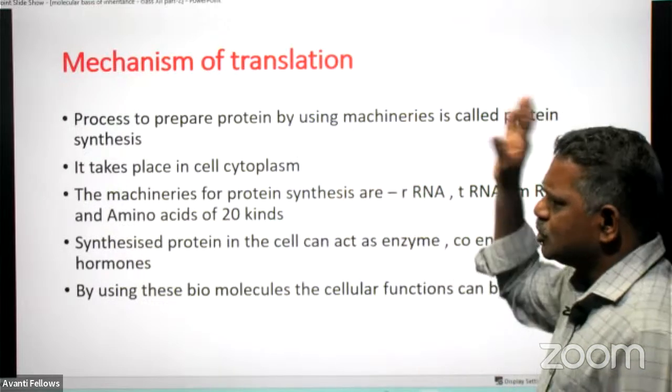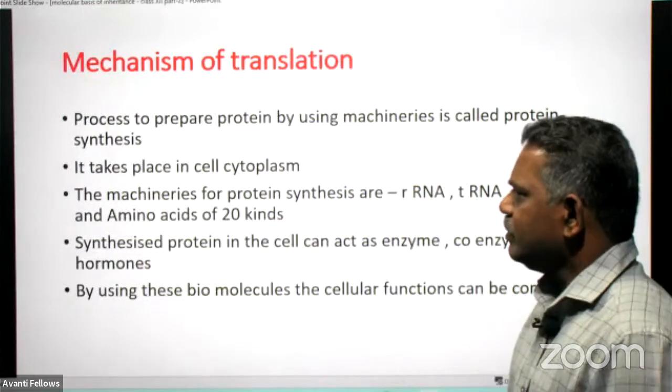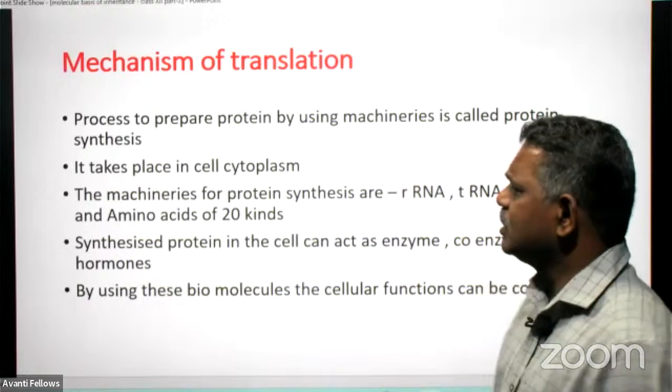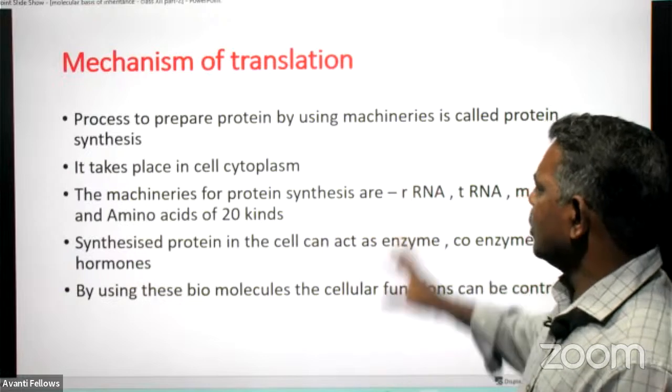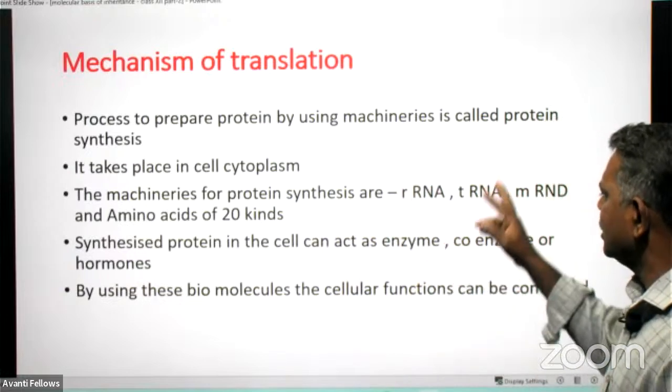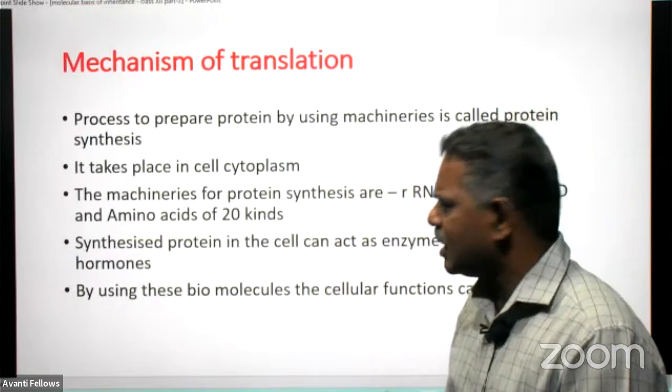And it is a process to prepare protein by using machineries. That is what we call protein synthesis. It takes place in the cell cytoplasm. The machineries for protein synthesis are rRNA, tRNA, mRNA, and amino acids of 20 different kinds.